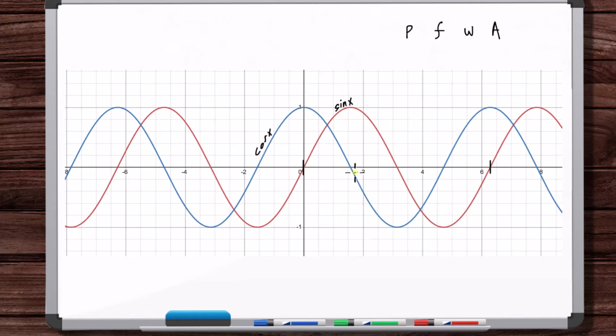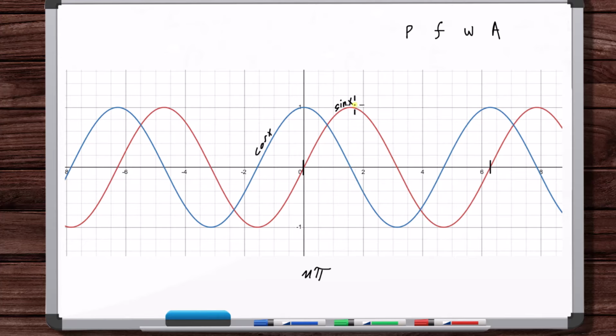Okay, and so to put numbers to these features, we'll have an x-intercept with the sine graph at n pi, where n is any integer. Right? This is pi, 2 pi, minus pi, minus 2 pi. So n pi, you'll have an x-intercept for sine x. Again, the graph is not shifted.